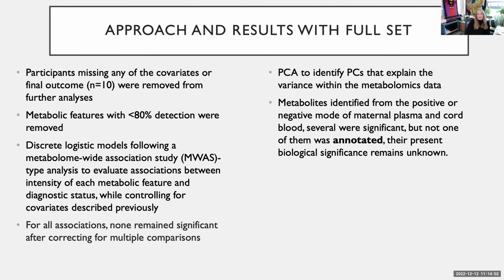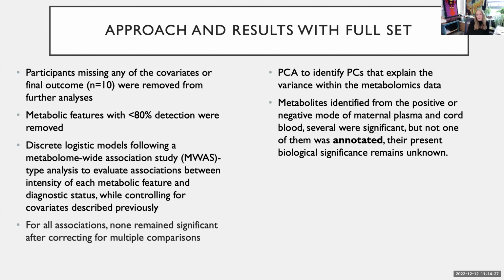Approach and results with the full set in regards to autism. Participants missing any of the covariates or final outcomes were removed. We only took metabolic features that had above 80% detection, and then we did an MWAS-type analysis to evaluate the associations between intensity of each metabolic feature and diagnosis status.